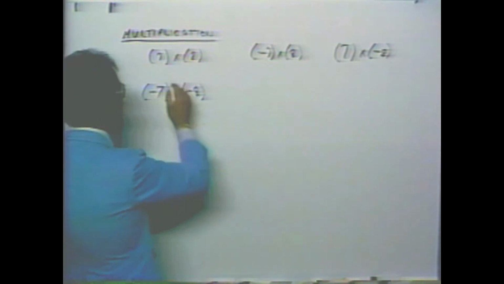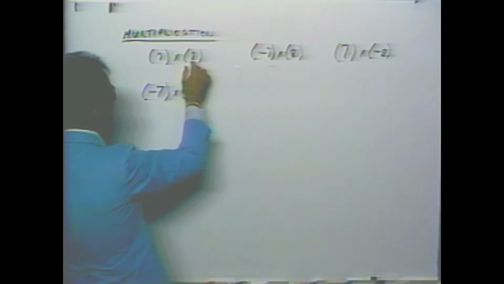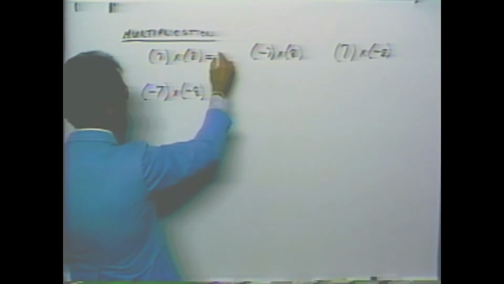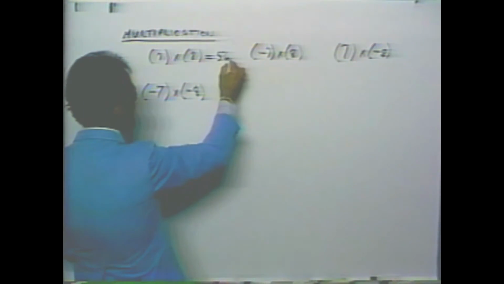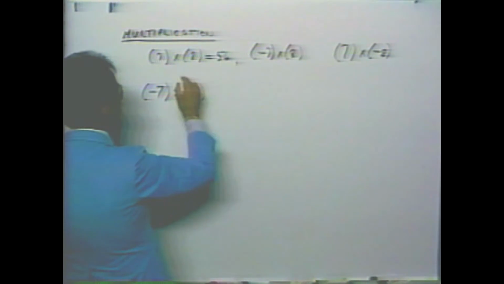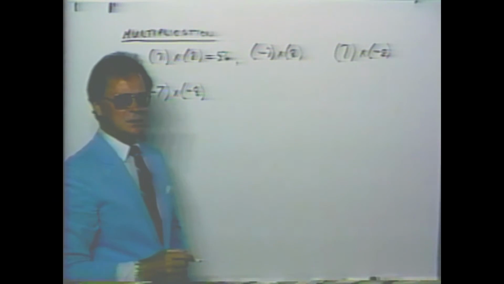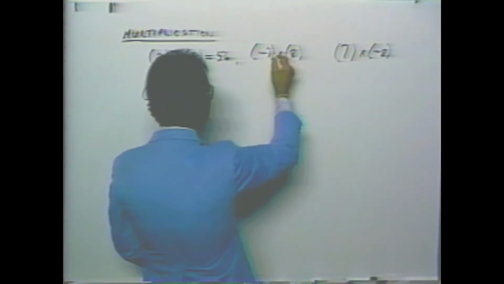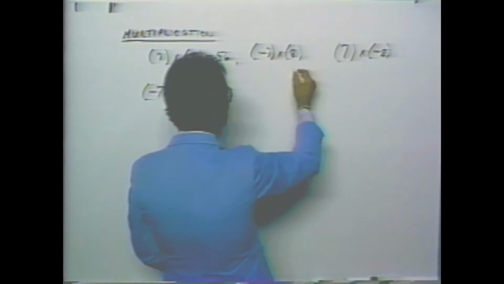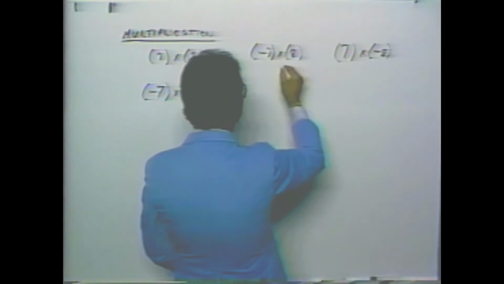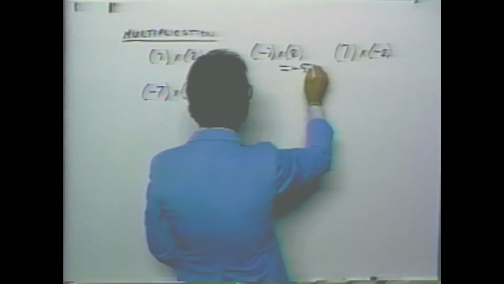When you take a positive number 7 and multiply it by a positive number 8, the answer is positive 56. A positive multiplied by a positive results in a positive answer. Negative 7 multiplied by positive 8 is equal to negative 56.